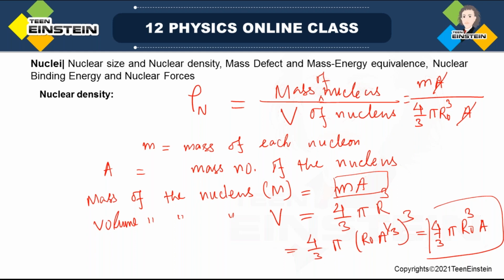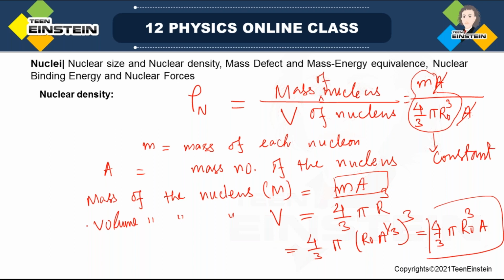See this A, they both are mass number, so I can strike them out from numerator and denominator. And look, this particular term is actually a constant term. This is actually constant, for each nucleus. So you can see this is constant.